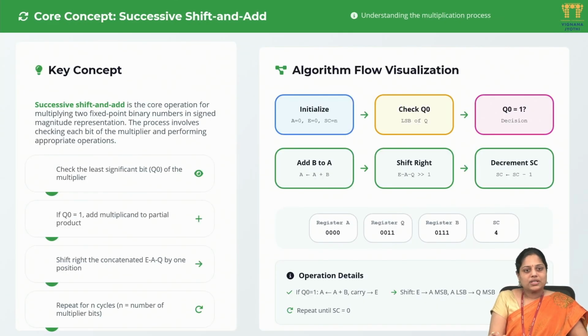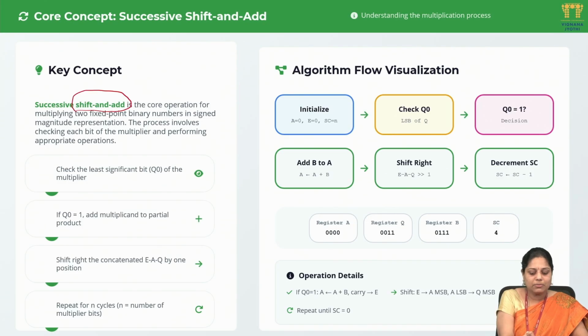Now let's see the key concept of sign magnitude multiplication. Here we are going to implement simple shift and add operations to complete the multiplication algorithm. Before starting the algorithm, we need to check what hardware components we require. We require a few registers. First, let's see how many registers we require to complete the multiplication.